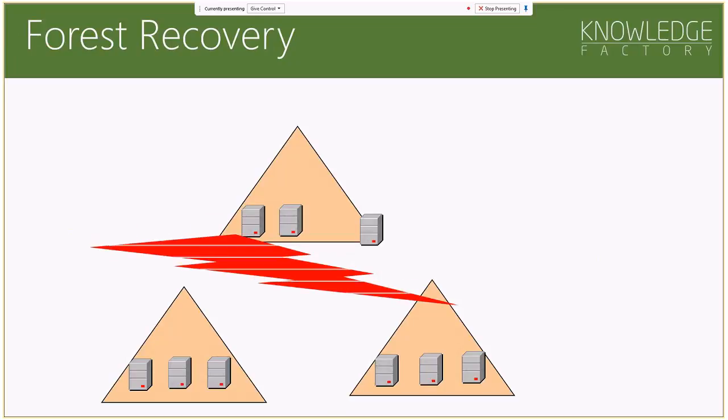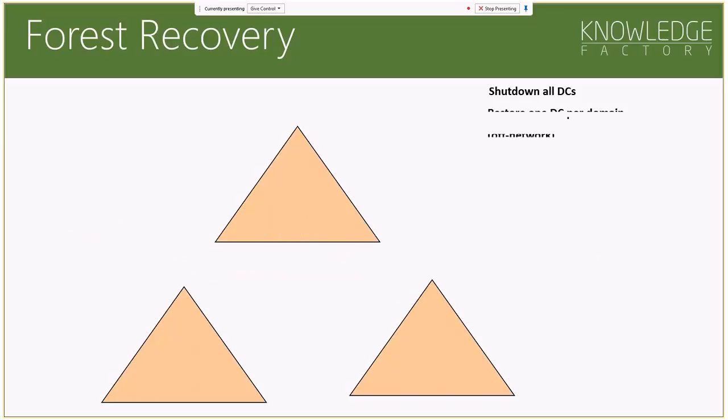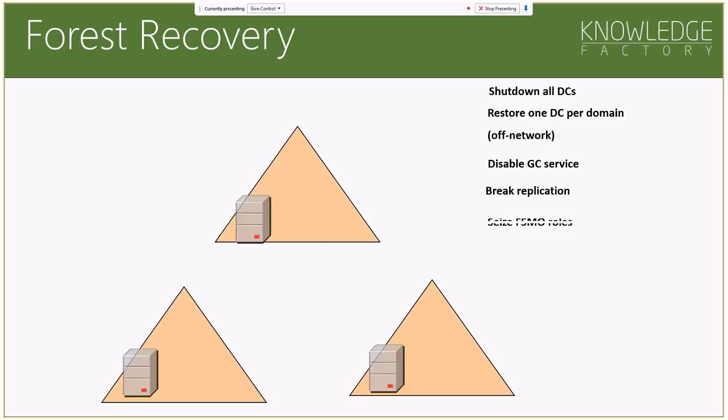So something breaks our forest, I shut down all the DCs, I restore one DC per domain off network, and the reason will come soon. I disable the GC service, I break replication, I seize the FSMO roles, and I increase the RID master by 100,000 or 200,000.